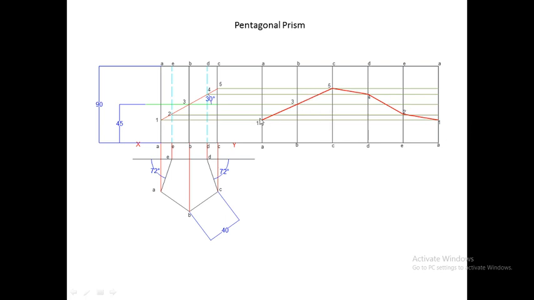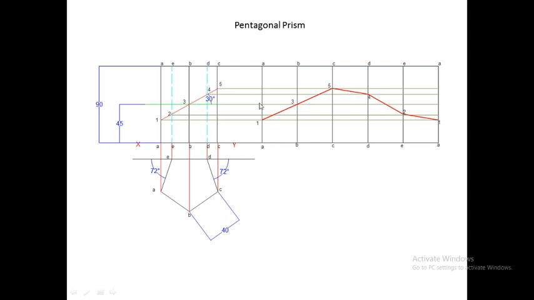Now after drawing the lines of intersection, this upper part should be kept as light, because when the section plane cuts this prism, the upper part is removed, or we can say only the lower part is retained. So only the lower half, that is this portion, should be dark, whereas the upper part should be light, that is these vertical edges should be light.